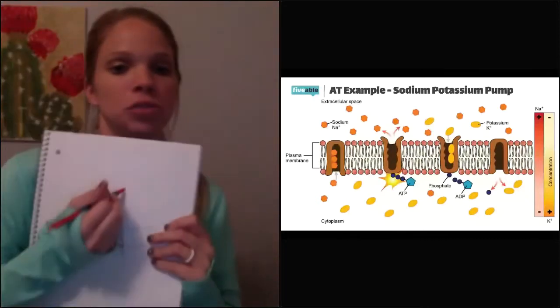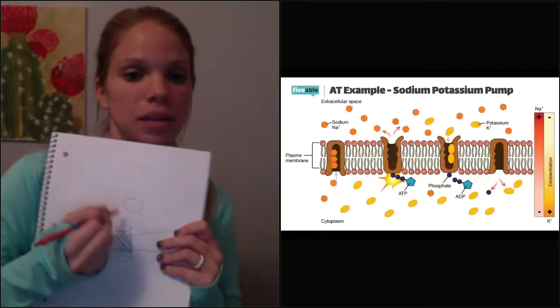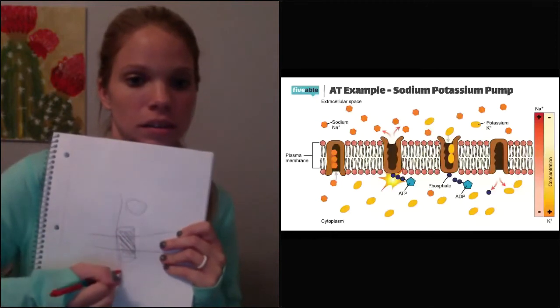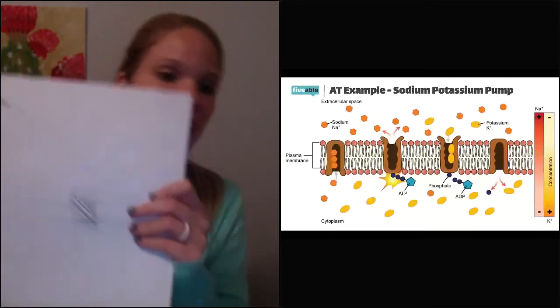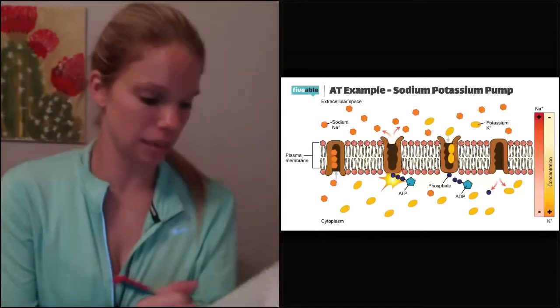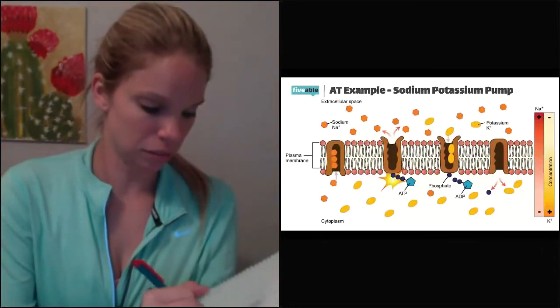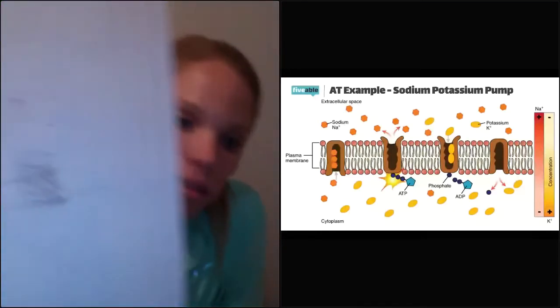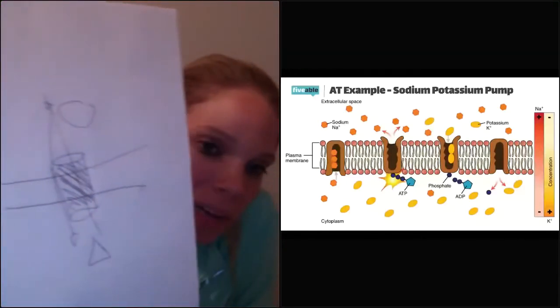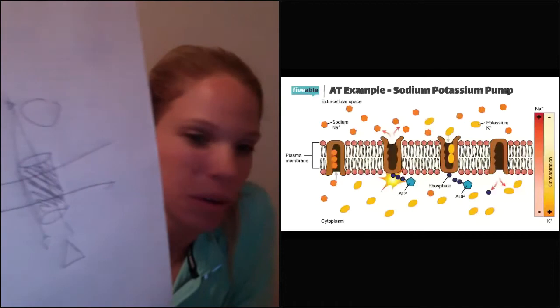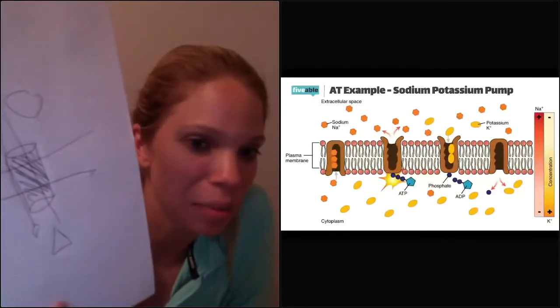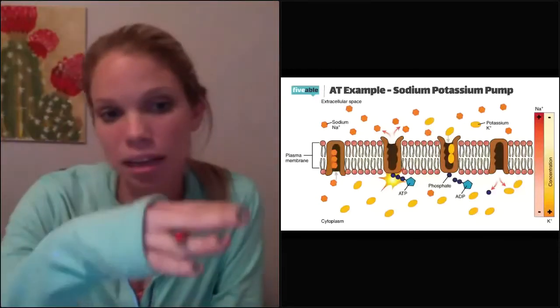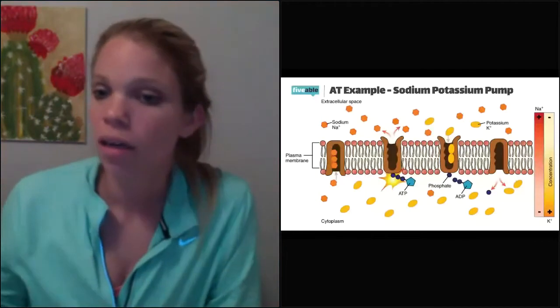But this protein's interesting because it lets some stuff in and it also sends some stuff out. So you would think of this as being an example kind of like a sodium potassium pump, because sodium potassium pumps kind of do the same thing. They put something in, they put something out.